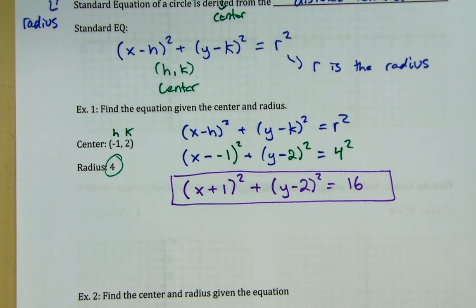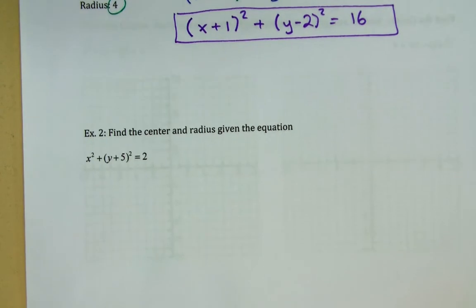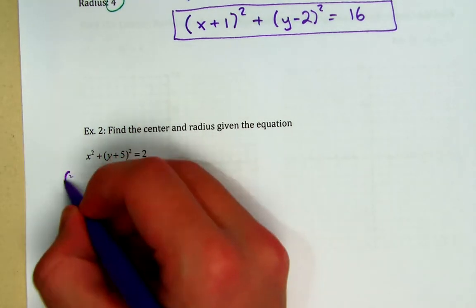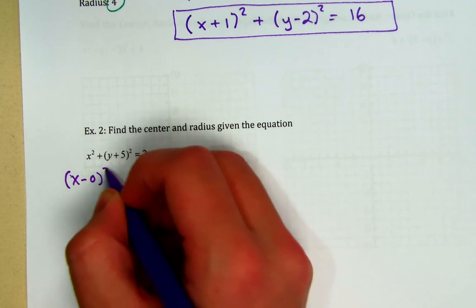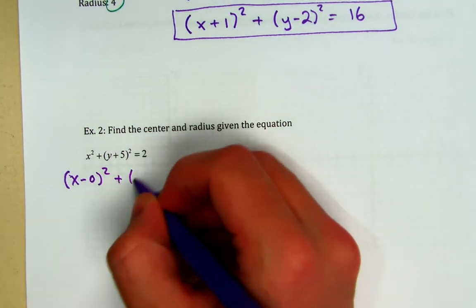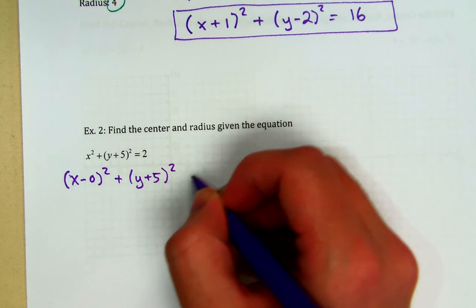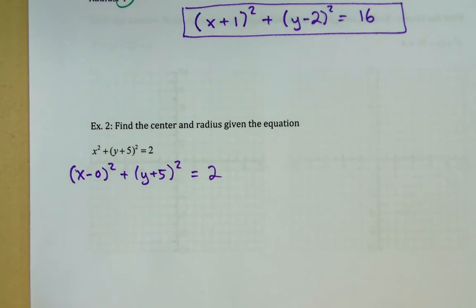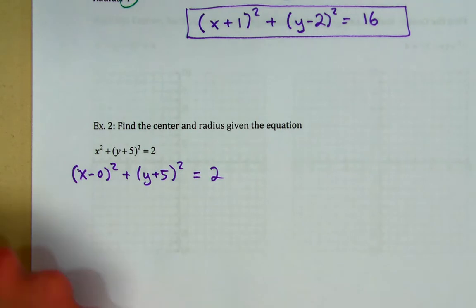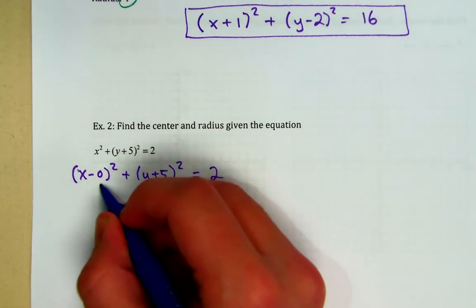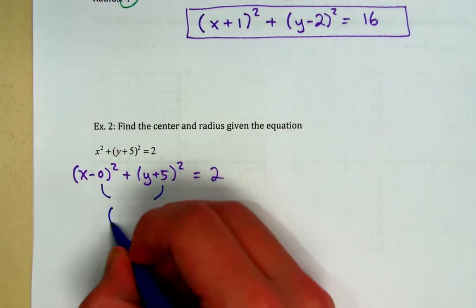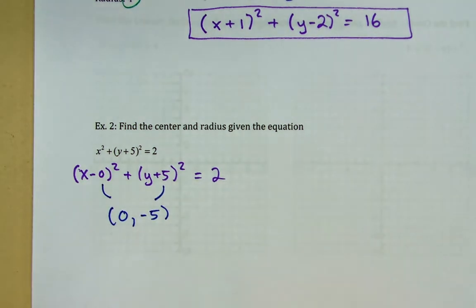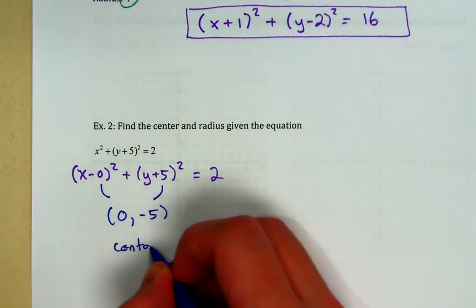Now let's go backwards and find the center and the radius. If there's nothing in here, this is really just (x minus 0) squared plus (y plus 5) squared equals 2. Finding our center, we pull out 0 and 5, and we get 0 and the opposite of 5, so (0, -5) is the center.